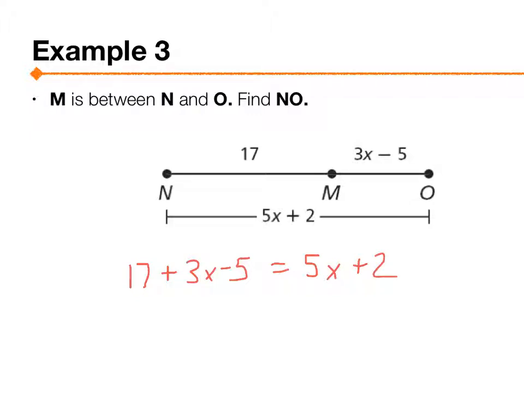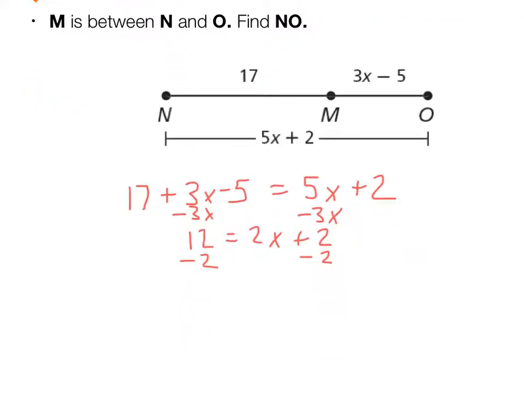We can combine the like terms. 17 minus 5 is 12. We can subtract 3x from this side, minus 3x from this side. So we would get 12 is equal to 2x plus 2. Subtract 2 from each side. 10 is equal to 2x. Divide by 2. 5 is equal to x.